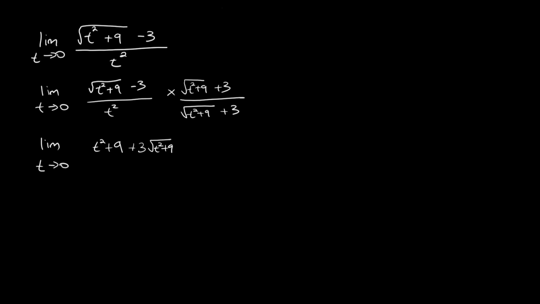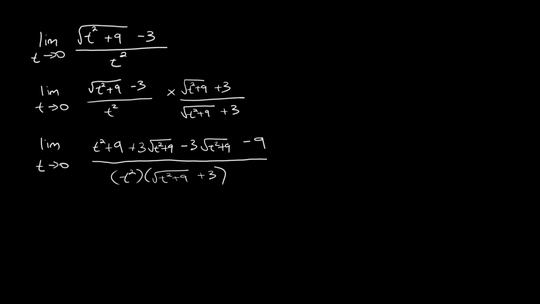Negative 3 multiplied by the square root of t squared plus 9 becomes negative 3 times the square root of t squared plus 9. And negative 3 multiplied by 3 becomes negative 9. And we can divide that by t squared multiplied by the square root of t squared plus 9 plus 3.